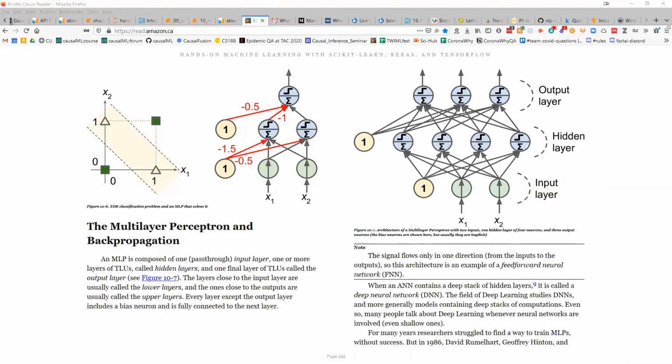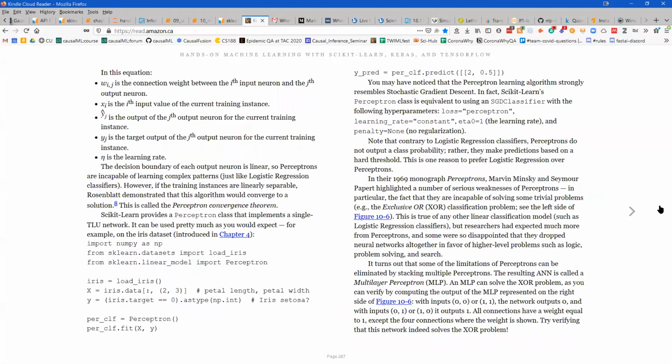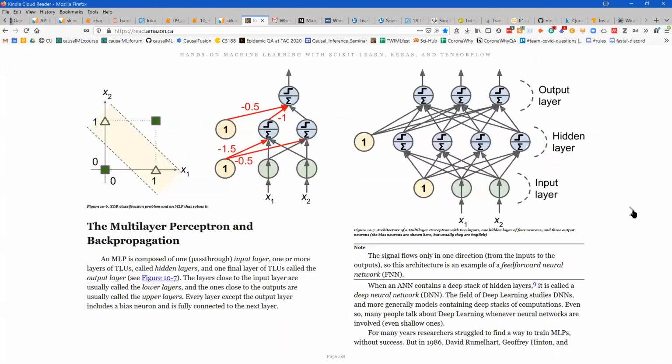But if the input is -5, the output's also going to be 0. And if the input is +5, the output is going to be +5. So that's not a linear function. I mean, sure, it's linear in pieces, but the whole function itself is not a linear function.